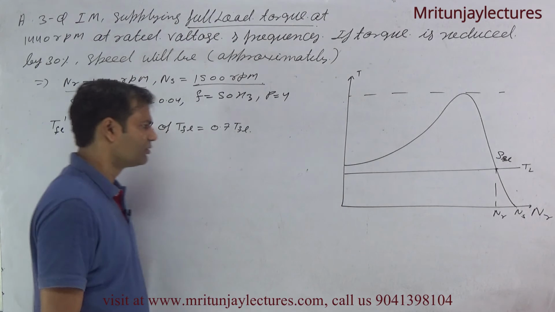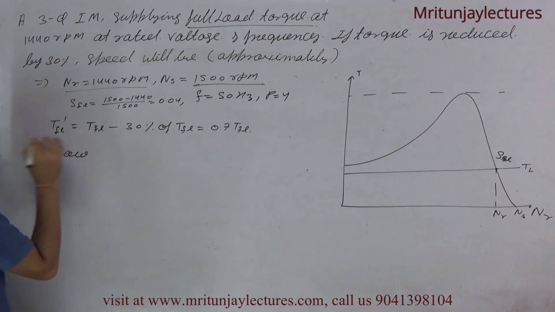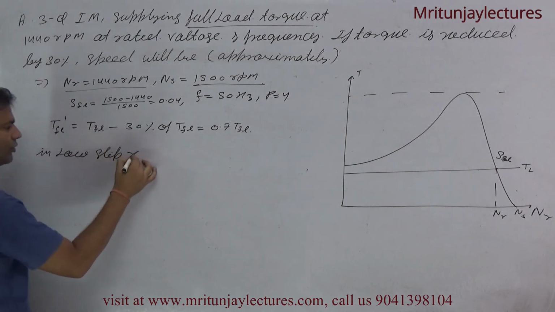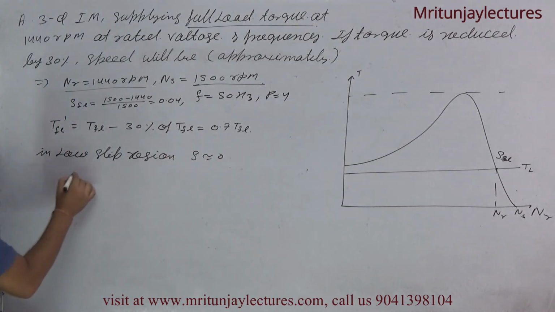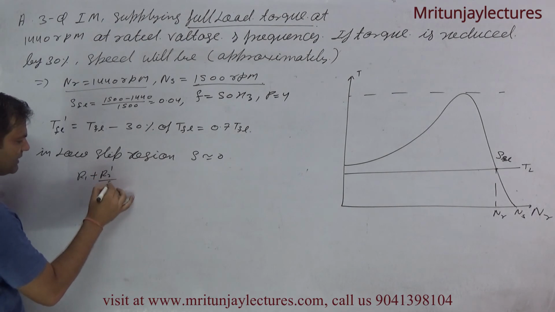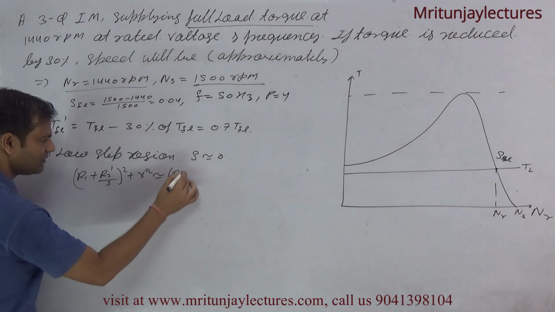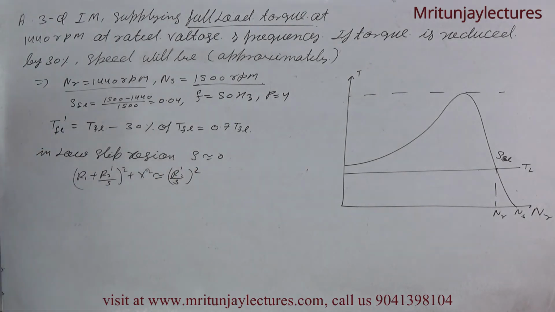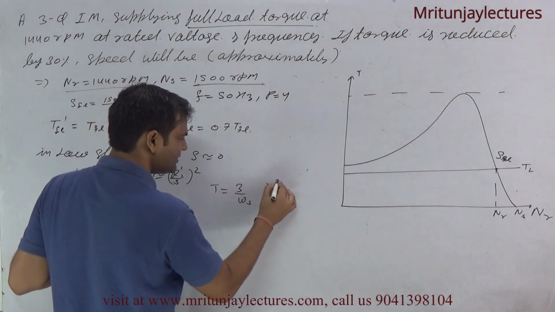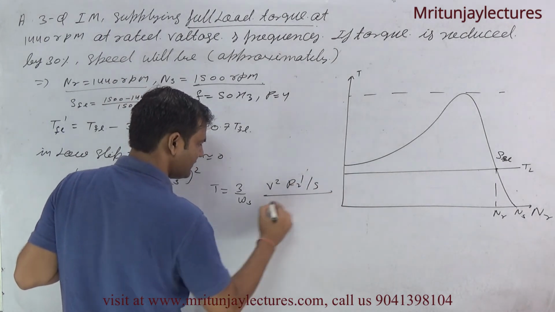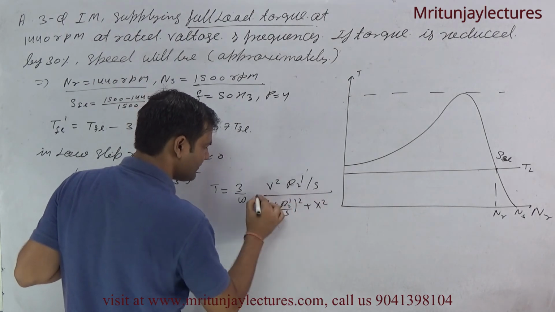If any doubt, go to the basics. In the low slip region, s is closer to 0, then (R1 plus R2 dash by s) whole square plus X square is written as (R2 dash by s) whole square.